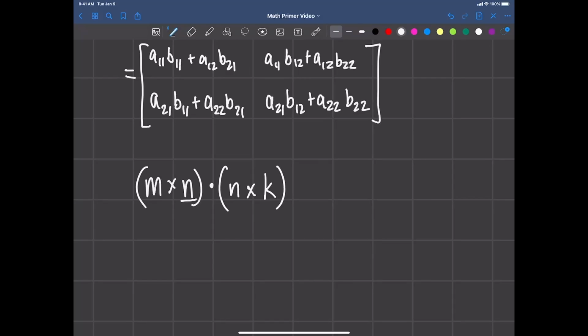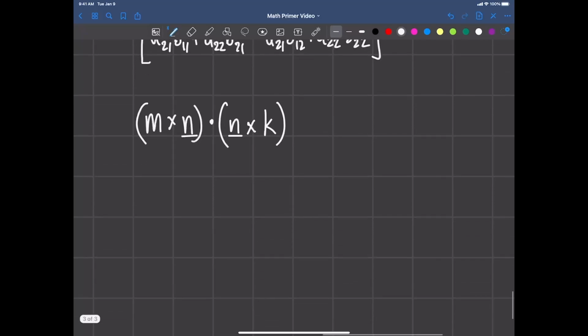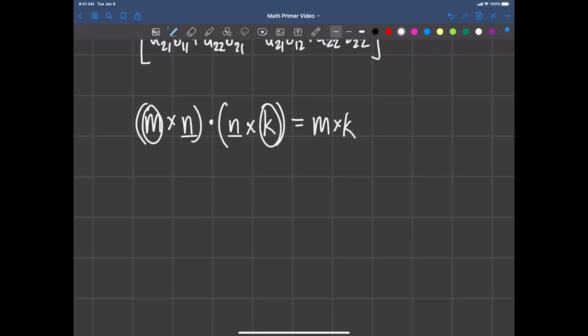The number of columns in the first matrix and the number of rows in the second matrix need to match. And the product of this m by n matrix and n by k matrix, meaning m rows, n columns, and n rows, k columns, is an m by k matrix. It's just this by this.